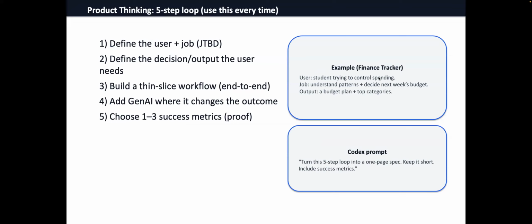So for the product thinking loop, this is something we also briefly introduced last time, and also from the example that we showed today, you can begin by thinking of something really simple. Maybe the initial prototype can only include, let's say, 2 to 3 functions or features, right?